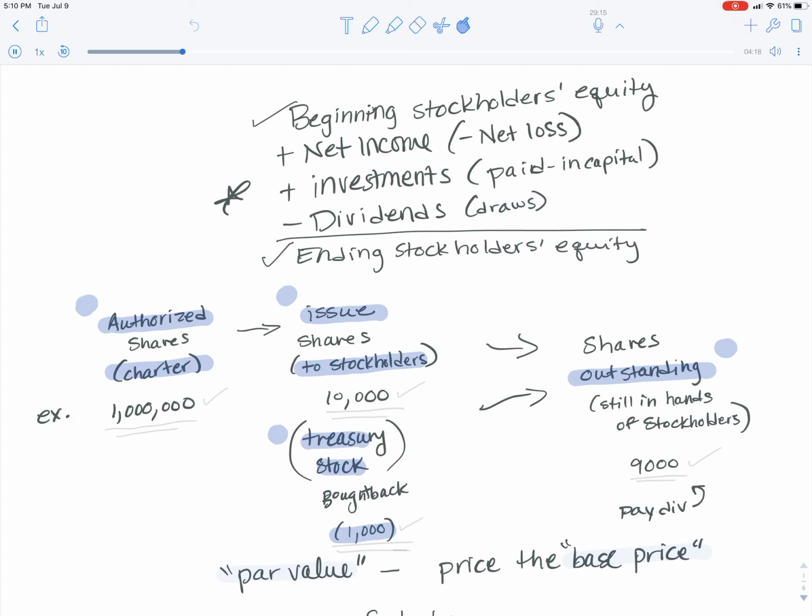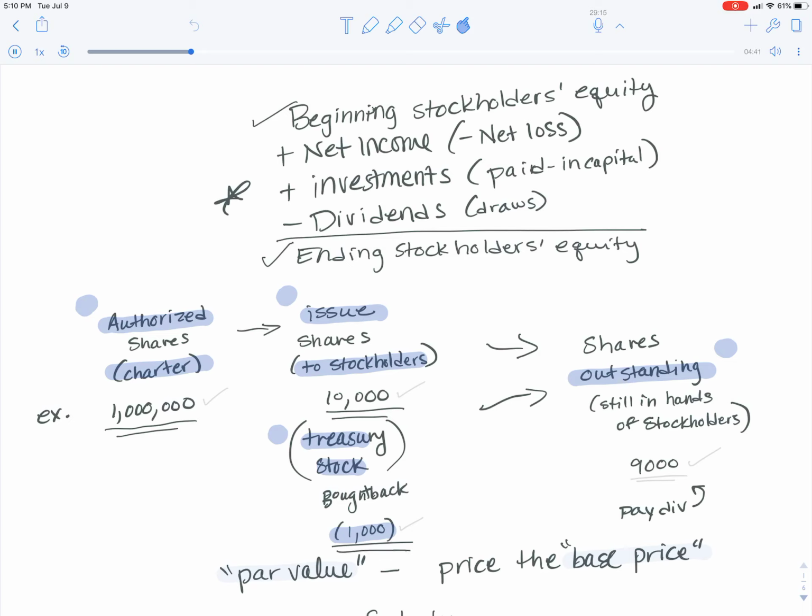This little example I have here is the charter could say the company is authorized to issue 1 million shares. Authorized. And then later they actually issue 10,000 shares. After that, they decide to buy back 1,000 shares.